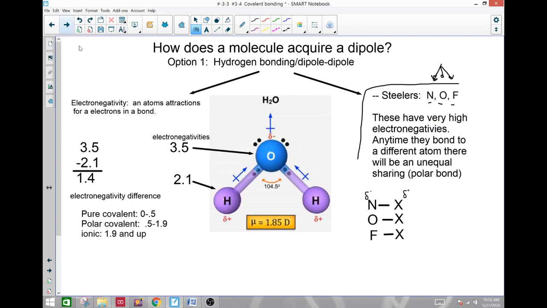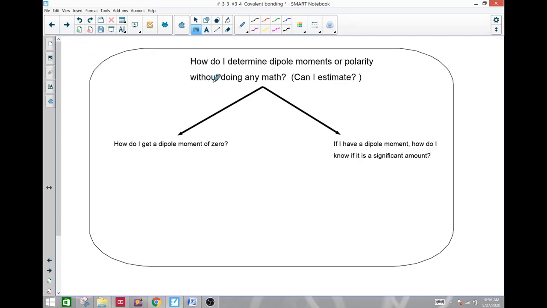Either way, how do I determine dipole moments or polarity without doing math? First of all, how do I get a dipole moment of 0? That's pretty common. If you have the same atom, for example, oxygen, we don't even care what they are, they're the same. So dipole moment of 0, nonpolar.